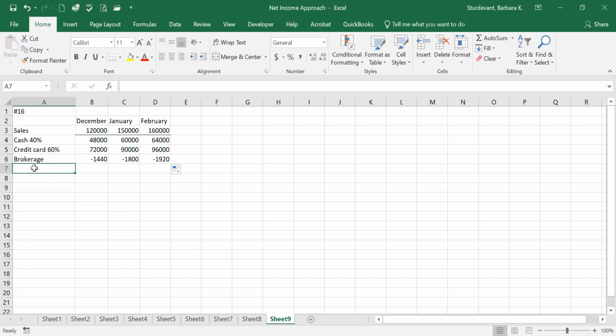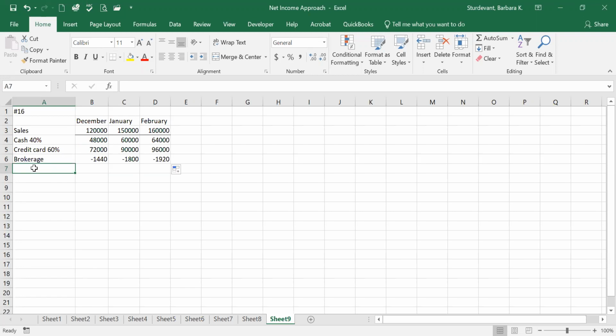And is this the GAAP approved way that you would see on a statement? I seem to remember seeing credit card commissions as a separate line item. So maybe I'm thinking more of P&Ls and detailed statements as opposed to cash budgeting that we're doing here. So I don't know.